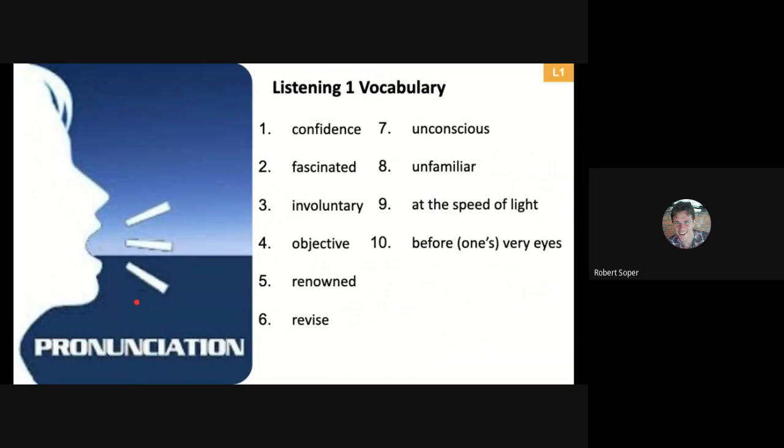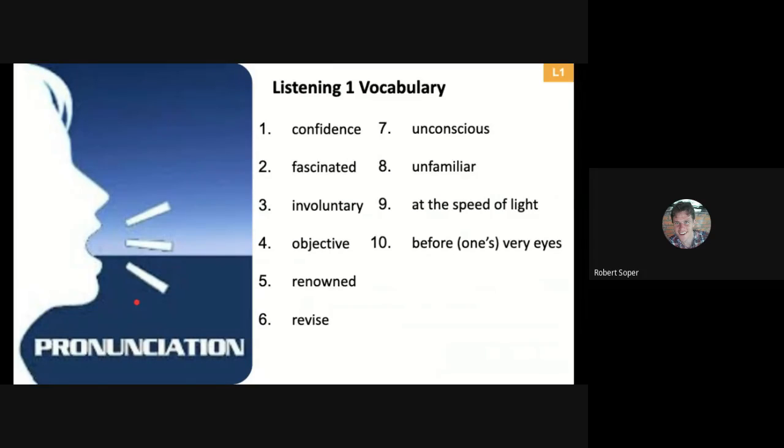confidence. Number 2, fascinated. Number 3, involuntary. Number 4, objective. Number 5, renowned. Number 6, revise.